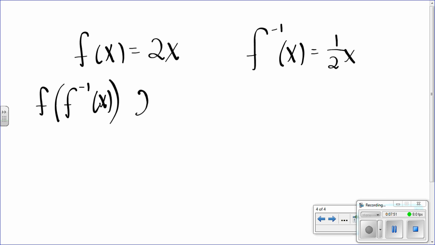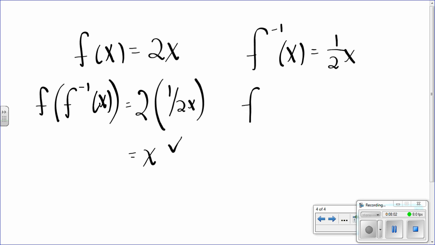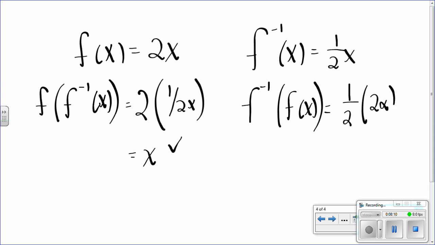So 2 times 1/2 x is x. The inverse of f of x. So 1/2 times 2x, x.